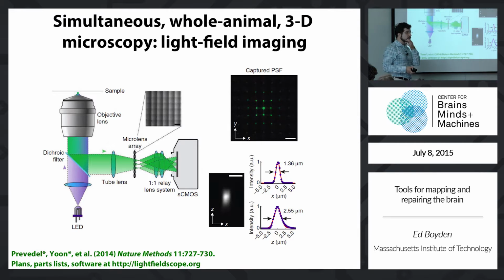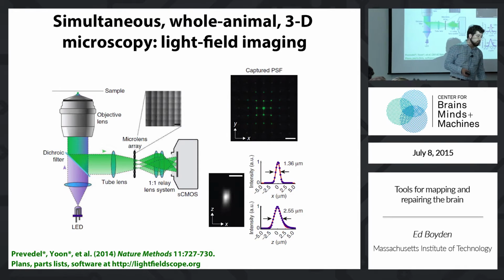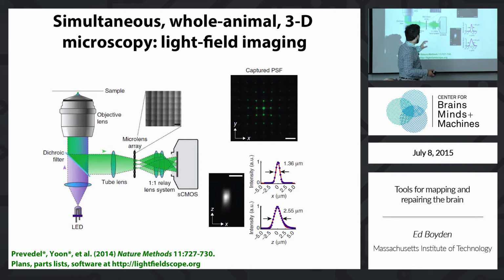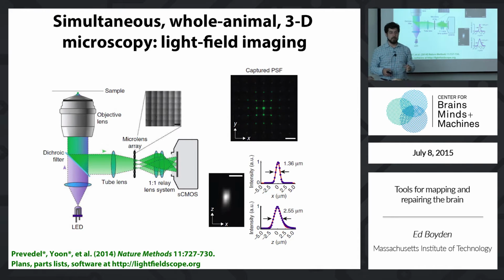Now, that's actually how our visual system works. We have 2 eyes. Each eye takes a slightly different angle on the world, and our brain can reconstruct in 3D what we're seeing. And it comes at a cost. The cost is resolution, because you're trying to use a 2D imaging surface, like a retina or a camera, to interpret a 3D world.